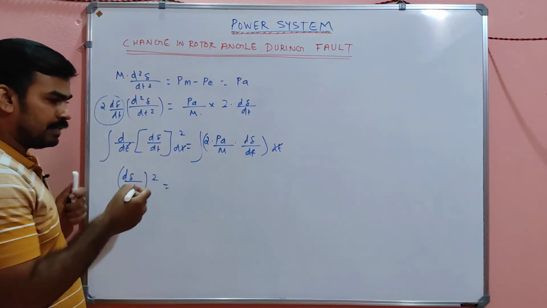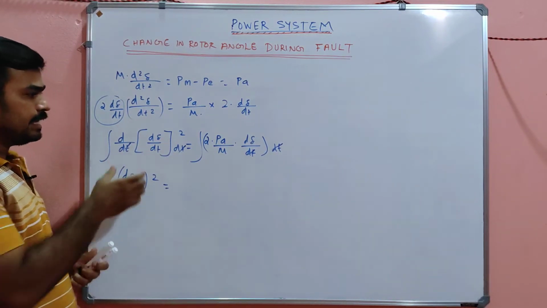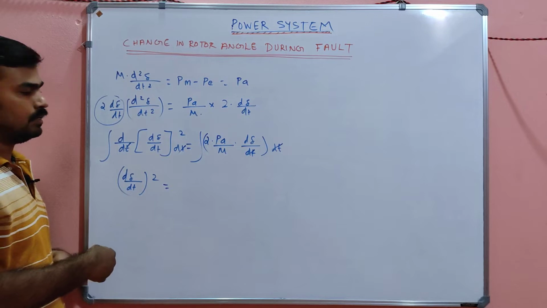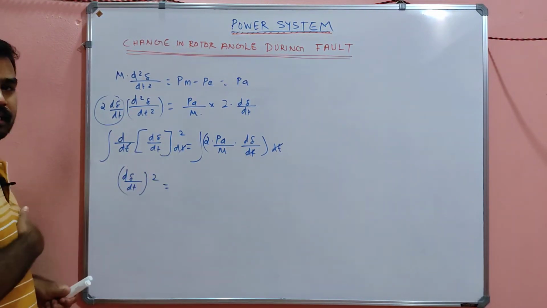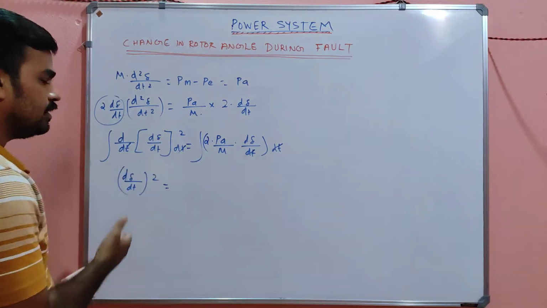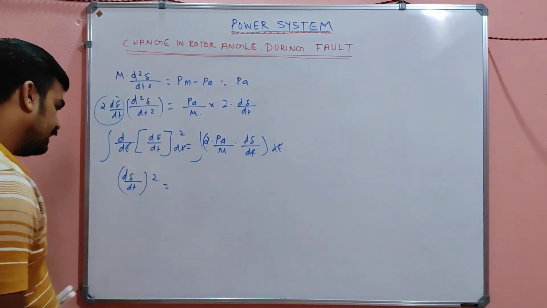If anything were there for the integration, then you could integrate it. But there is nothing; dt and dt got cancelled. So simply the constant will be reflected as the integration result.